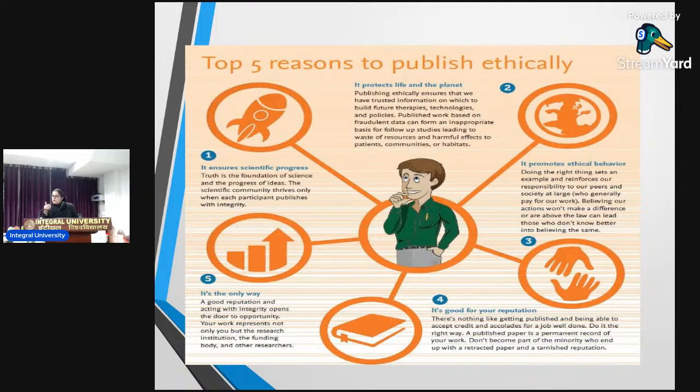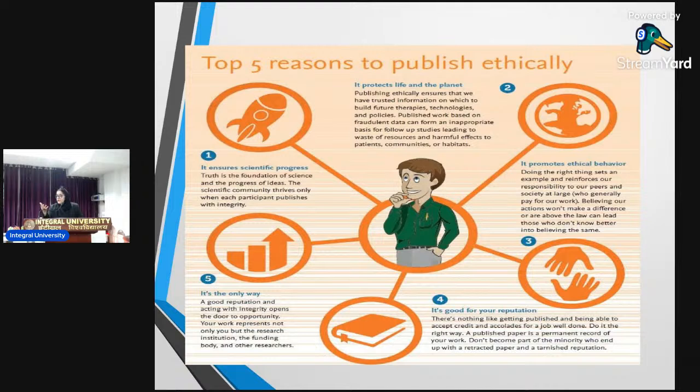When you're researching, what are you trying to do? All of you are research scholars. You must be having some idea why you came into research. Yes, you're trying to solve a problem. What kind of problem? Maybe give a transformative technology.